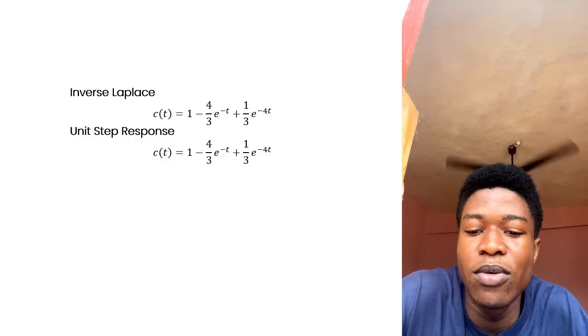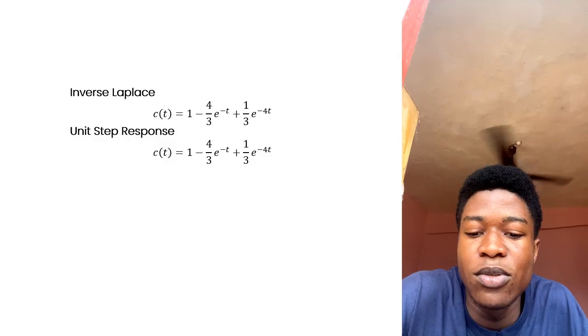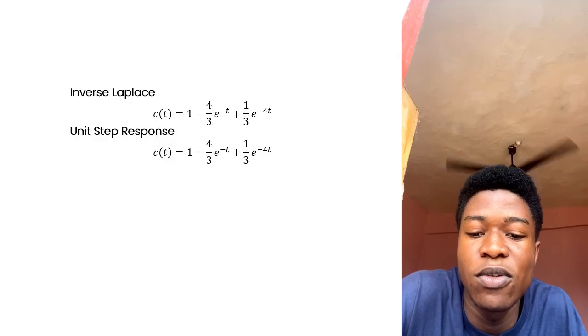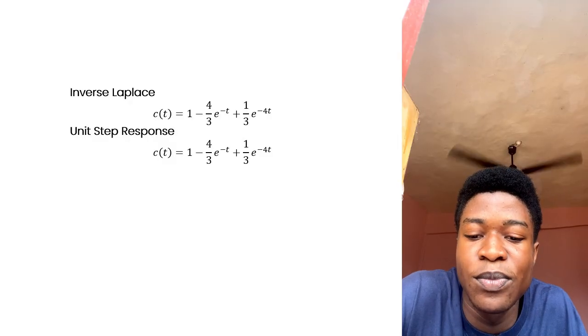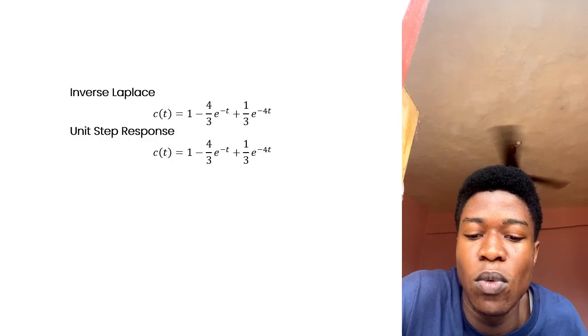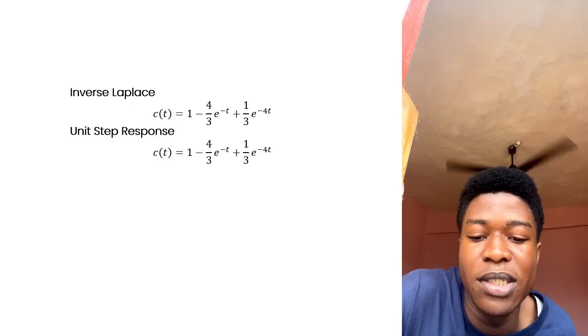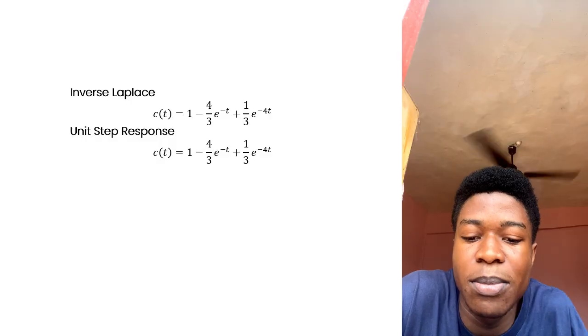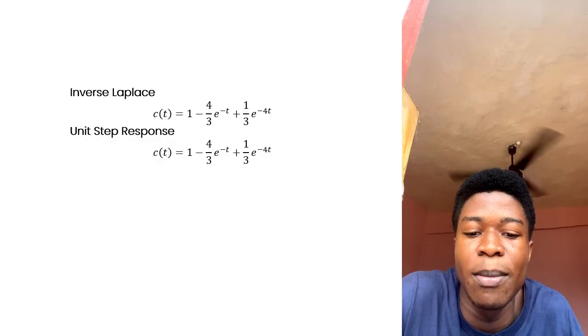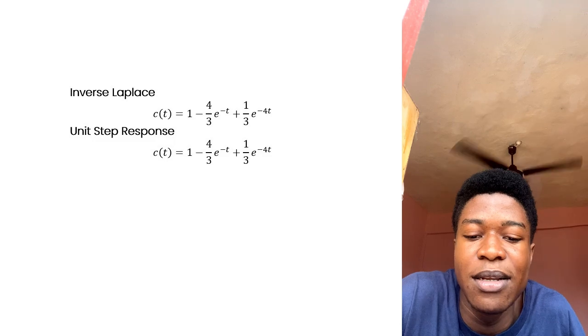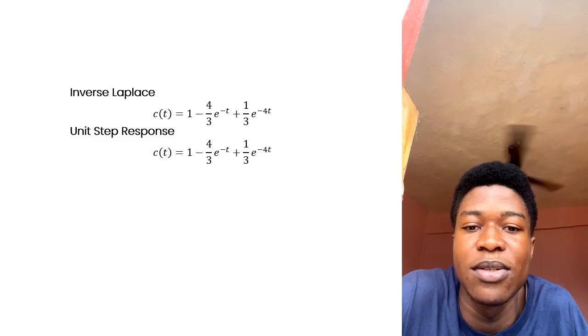So from the equation, 1 over s is going to be 1. Then we factor out 4 over 3 so that a will be equal to 1. Then we'll have the resulting equation as 1 minus 4 over 3 e to the minus t plus 1 over 3 e to the minus 4t. Thank you.